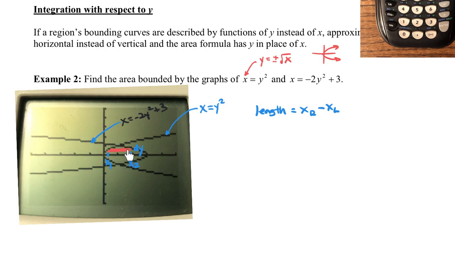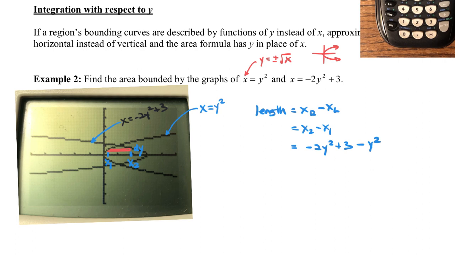So we take the difference between these two, and that gives us our x2 minus x1 from our picture. The length x2 is negative 2y squared plus 3, then we subtract x1, which comes from y squared.